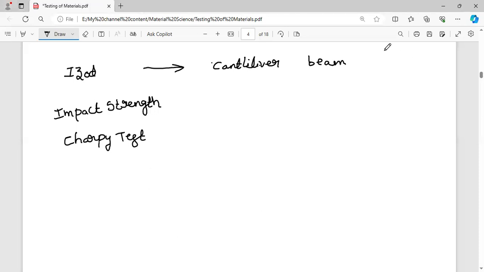The test specimen is arranged like this. Suppose it is in this way, we will arrange the test specimen. In the Izod test, the test specimen is arranged as a cantilever beam.